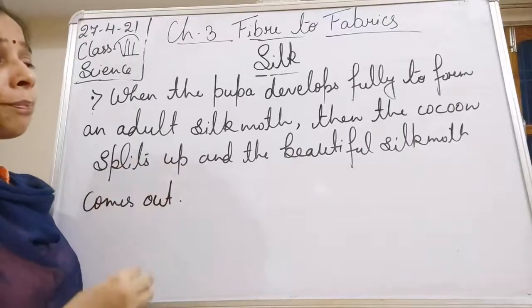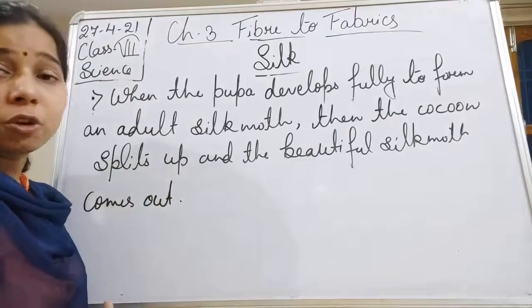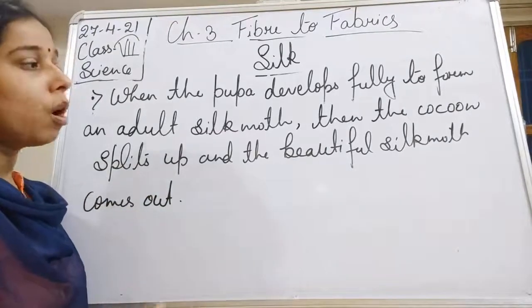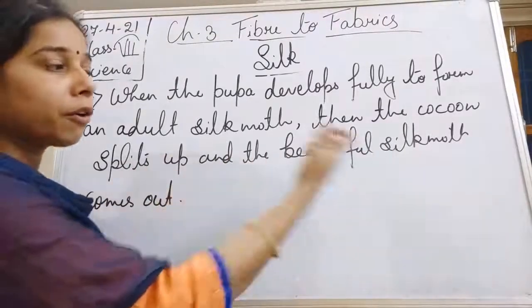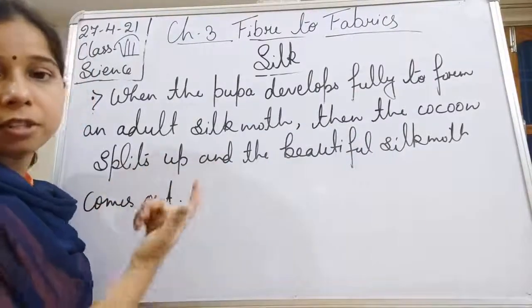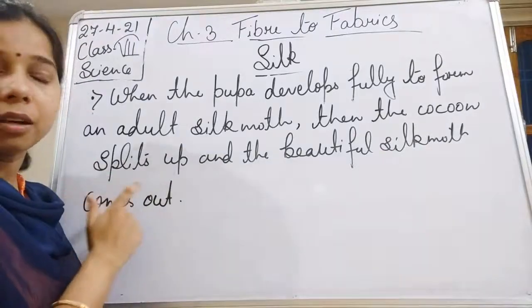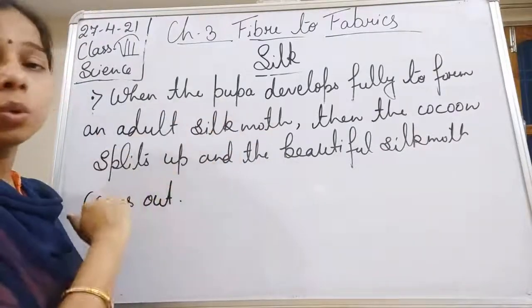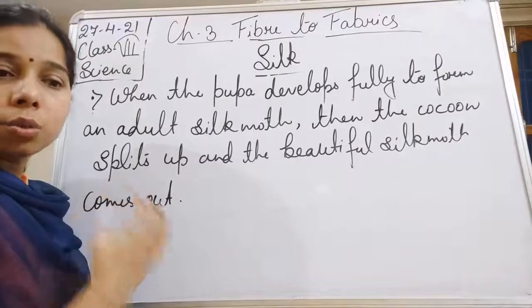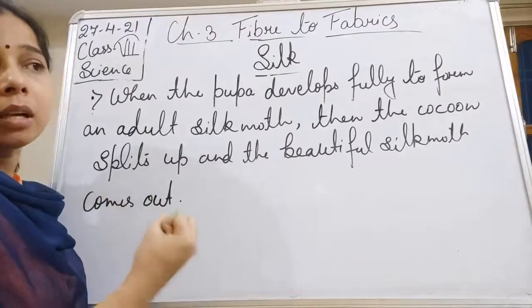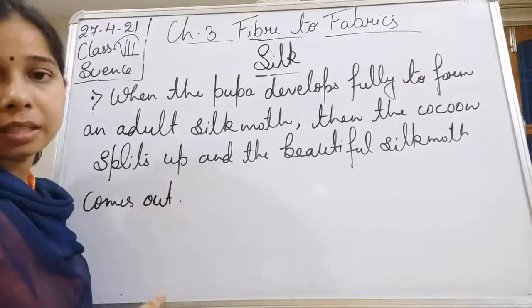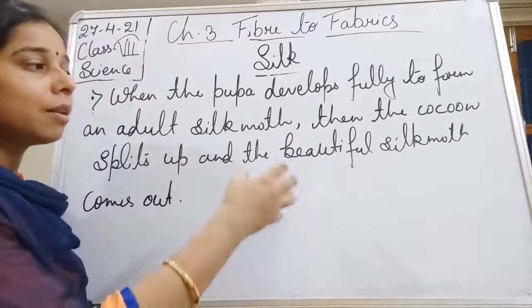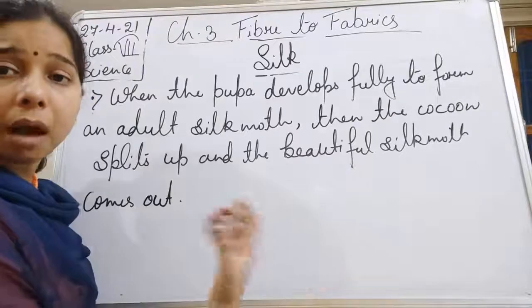So we have to kill that caterpillar in the cocoon so that we can get the fresh cocoon. Here the question comes to your mind: why are we doing so, when we can get the cocoon after it splits up as well? Why are we extracting the cocoon at the caterpillar stage, and not waiting for the beautiful silk moth to come out?